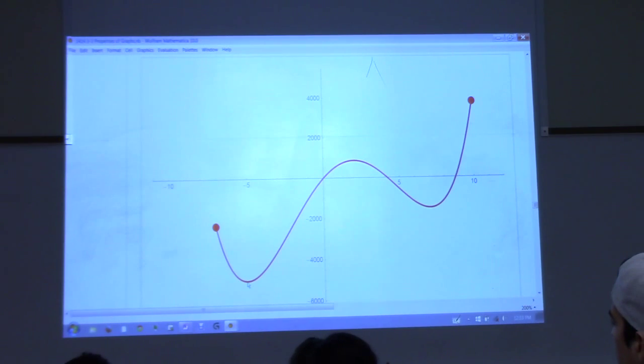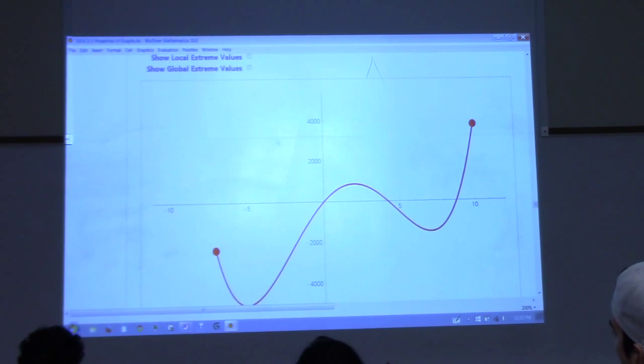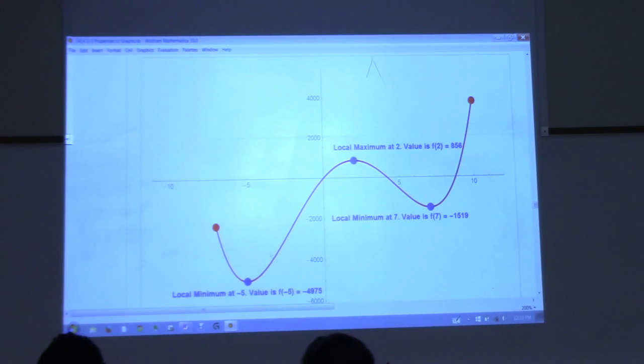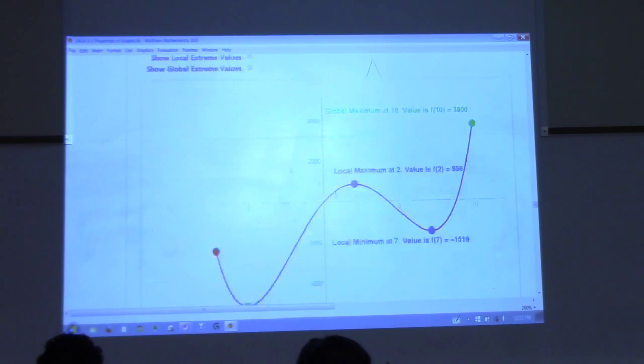Right around here? How about local minimum? Is this a local minimum? Yes. That's a local minimum also, isn't it? We have two of them. How about local maximums? Here, right? So we can look at these. Here are the local ones. Locally, these are either the lowest or the highest. And then globally, we only have these two.